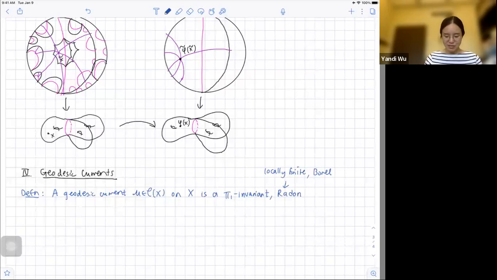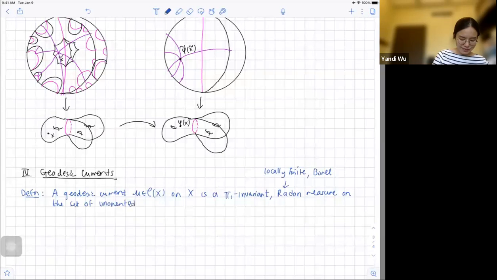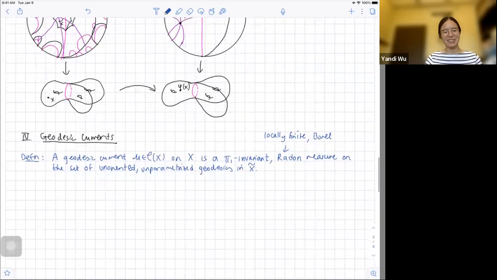So it's this pi1 invariant Radon measure on the set of unoriented, unparametrized geodesics in not X itself, but the universal cover of X, actually. So in a nutshell, it's a nice measure that you can put on geodesics in the universal cover.